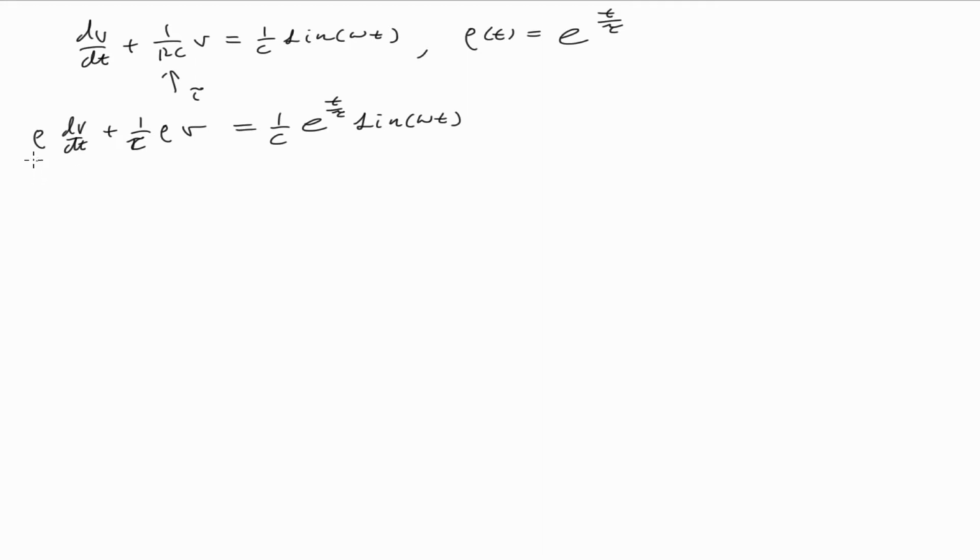Okay, so this whole thing, we can reverse that product rule again and get rho times v. We take the derivative of the whole thing there, this product of two functions. And that's going to be, on this side, the same thing, 1 over C e to the t over tau sine omega t.